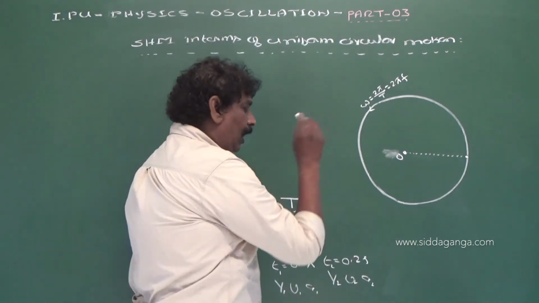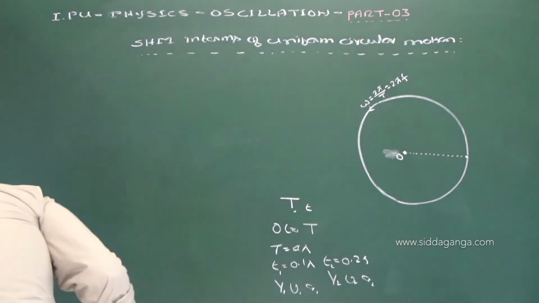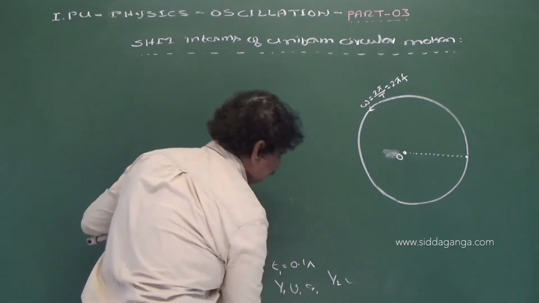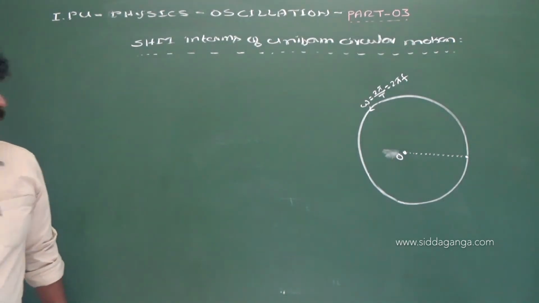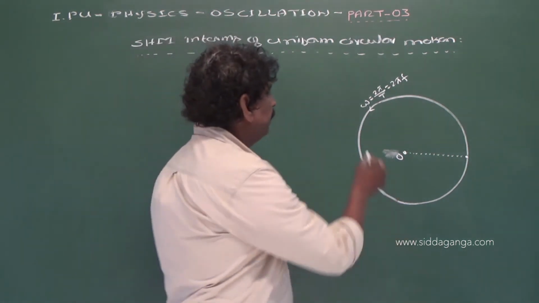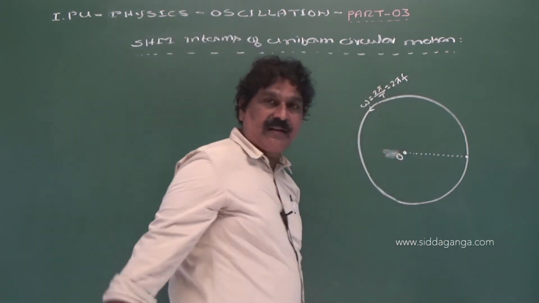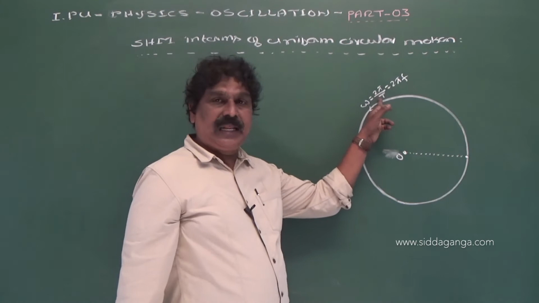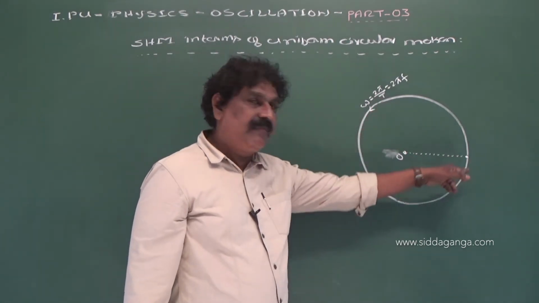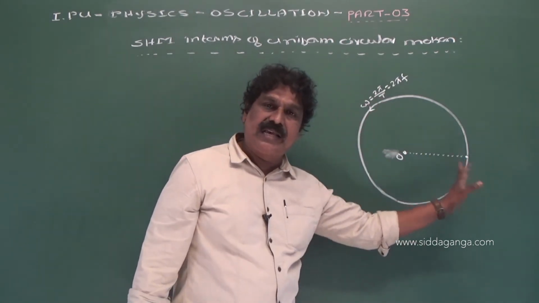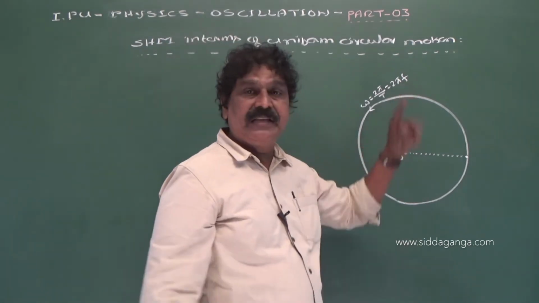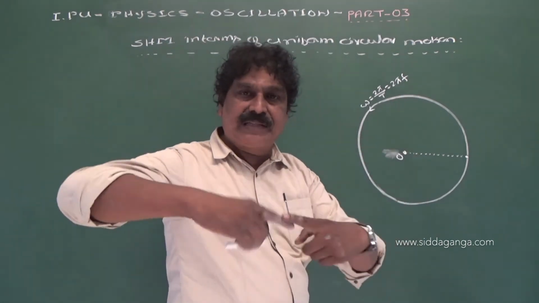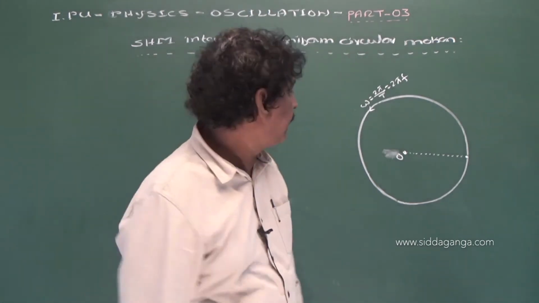Now let omega be the angular velocity, T be the time period, time taken to complete one circular motion, one circular path, f is number of circular paths completed in 1 second, right?